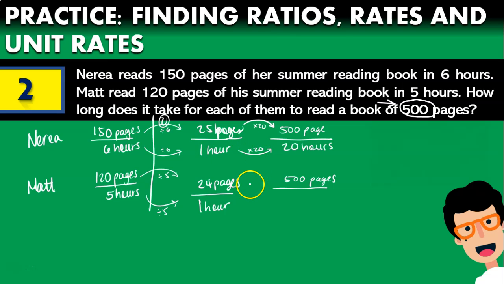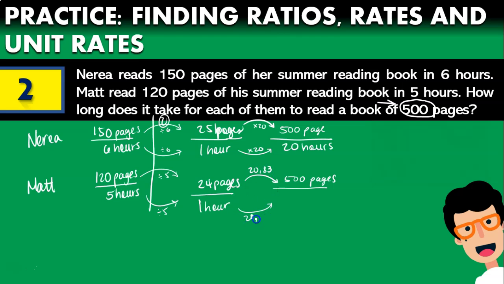And then what do we have to do to 24 for it to become 500? We have to multiply by a number. What number is it? We divide 500 by 24, and that's going to give you 20.83.